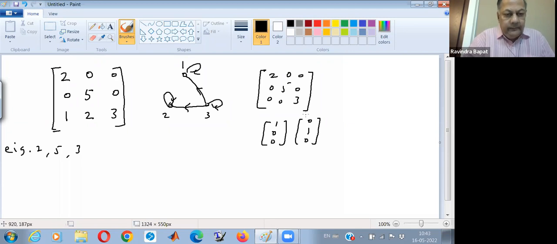And I claim that not all eigenvalues here, 2, 5, and 3, have non-negative eigenvectors.